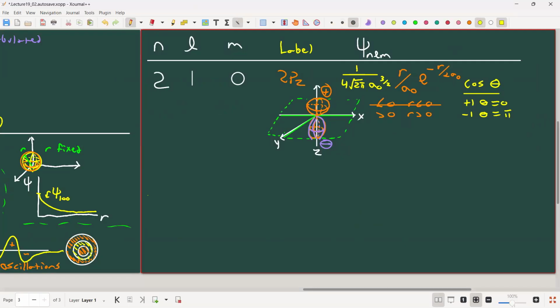All right, so let's look at the other two orbitals. I know kind of implicitly that these are going to look like px and py. Well, we're going to see a complication in just a sec. Let's write down the formula for this.